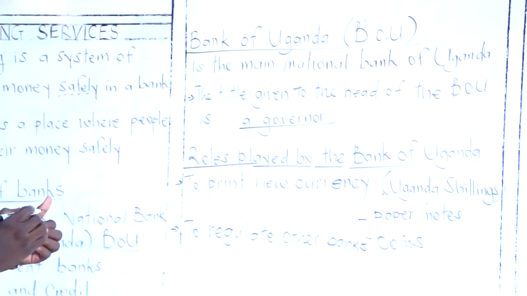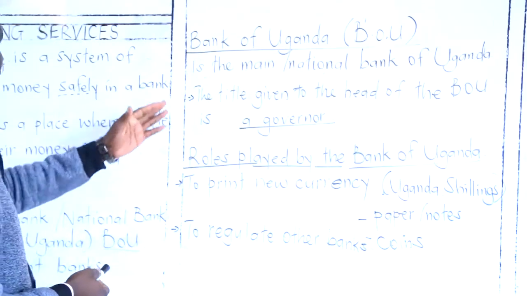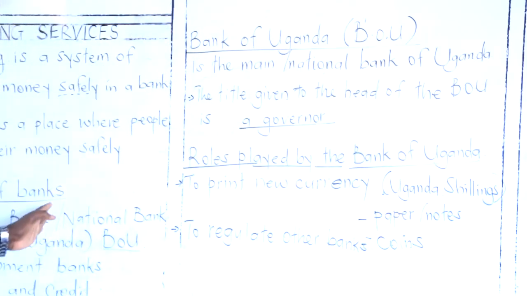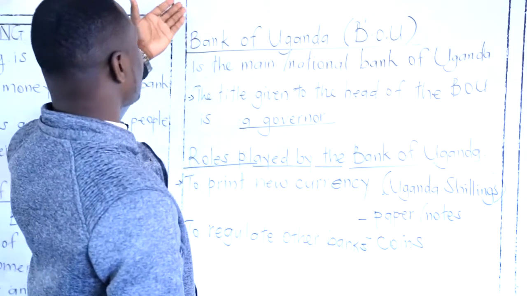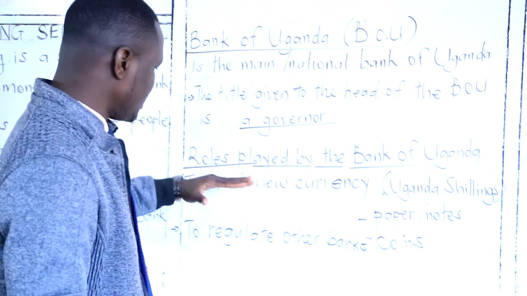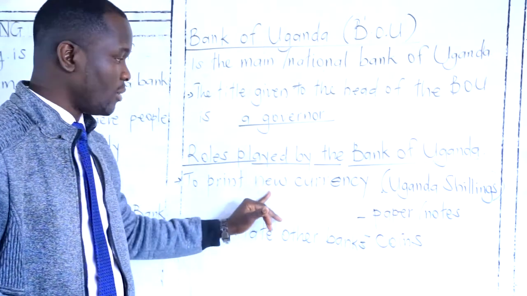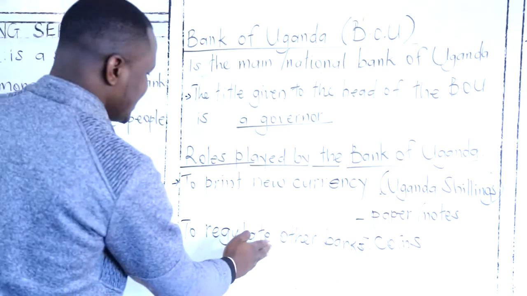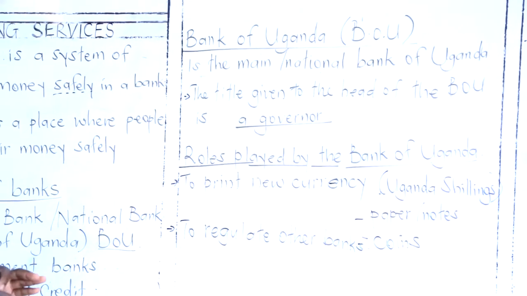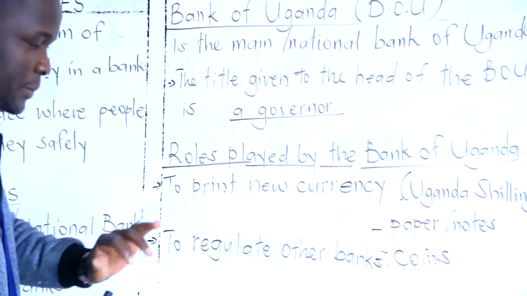To regulate other banks, which means you will find that we had other types of banks, development banks, savings and credit cooperatives. We talked about the commercial banks. So the national bank, or Bank of Uganda, is also responsible for regulating other banks. We have written it: to regulate other banks.